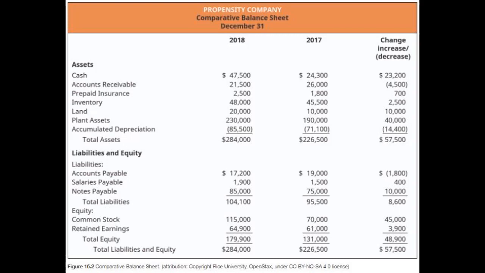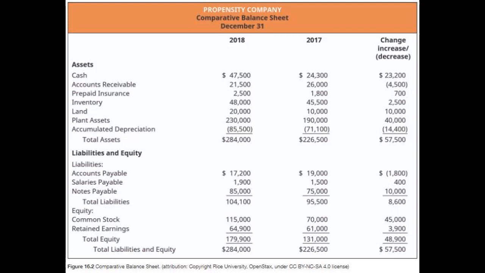You can look at those numbers and say, each of those numbers explains why cash went up or down by a certain amount. You just have to keep in mind that the change in asset balances creates an opposite directional impact on cash. And that's not true of liabilities and equity.